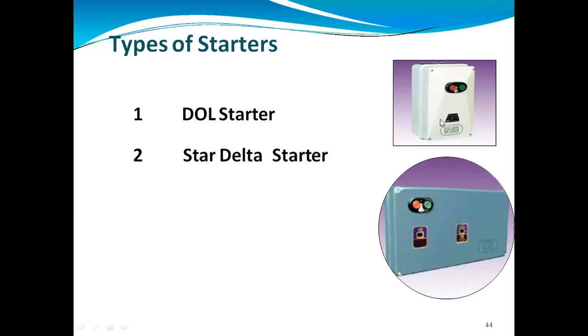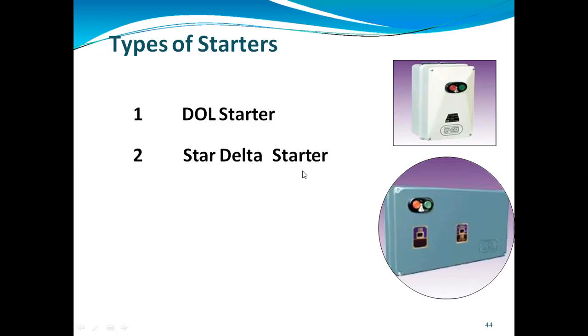The starter will be used to reduce the current drawn at starting, which would otherwise exceed the motor's rating. So we are supposed to use different types of starter in a squirrel cage induction motor: direct online starter, star delta starter, auto transformer starter, and stator resistance starter.